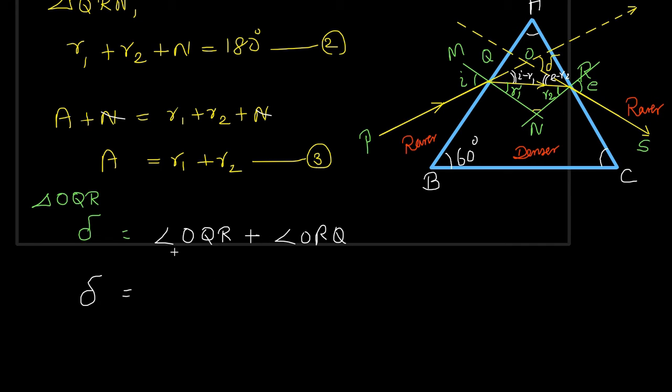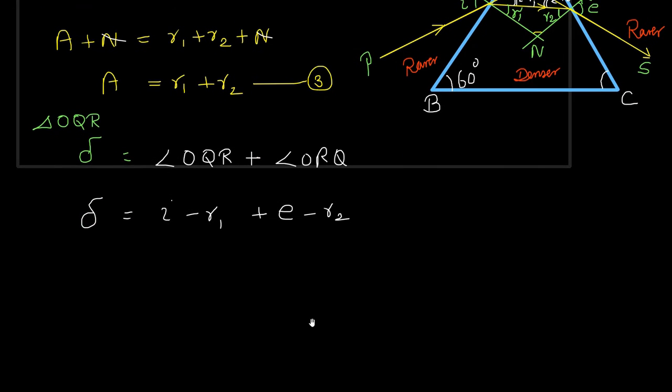If you substitute, we get angle OQR as I minus R1 plus E minus R2. That is delta equal to I plus E minus R1 minus R2, or delta equal to I plus E minus of R1 plus R2.